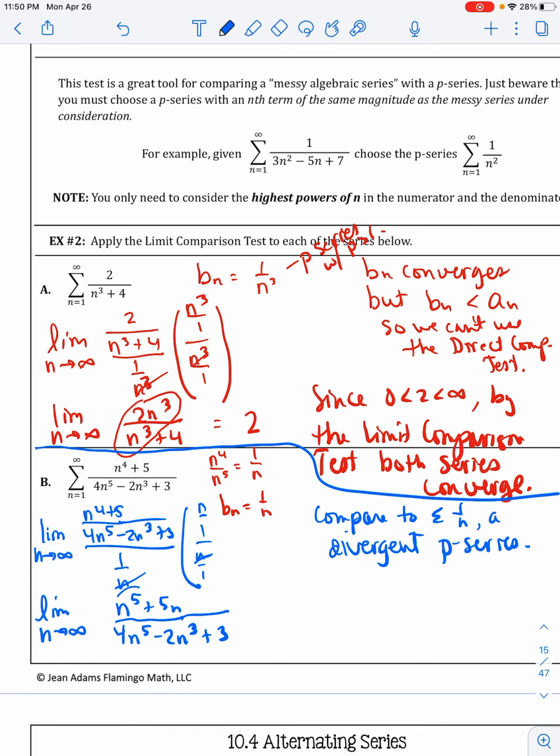And this is going to give us n to the 5th plus 5n over 4n to the 5th minus 2n to the 3rd plus 3. And we're able to just look at the n to the 5th over 4n to the 5th. And that's going to equal 1/4 then.